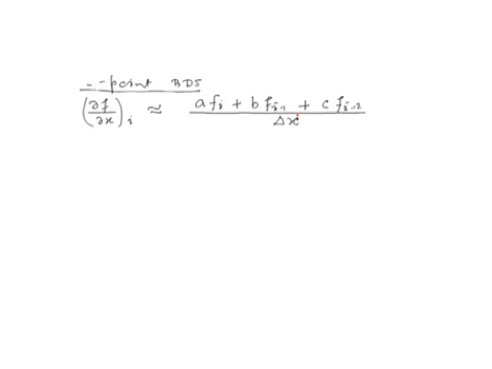Now, please remember, our grid spacing is uniform. That is, say this is our point I, delta x to the left of it we have the point I minus 1, and this point I minus 2 is further at a distance delta x from the node x I minus 1.